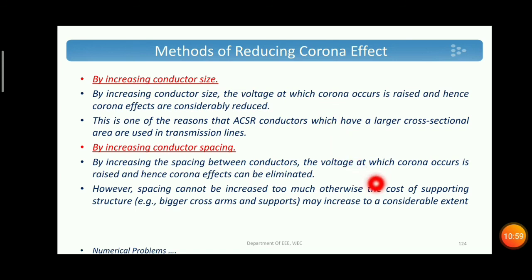If the spacing between the conductors is large, the electrostatic stress will be less, and the corona will occur at higher voltages. But we cannot increase the spacing to a large extent, because the supporting structures will cost more when the distance is very large.